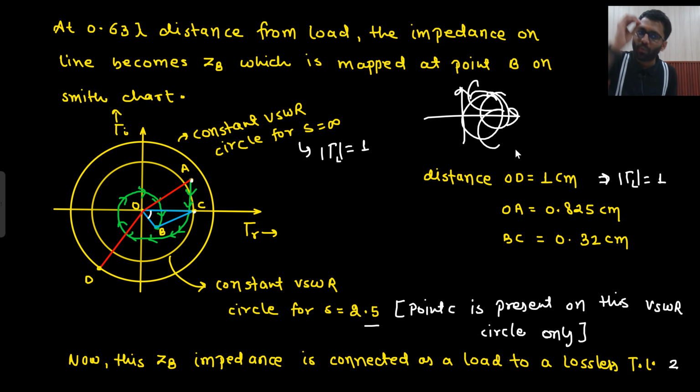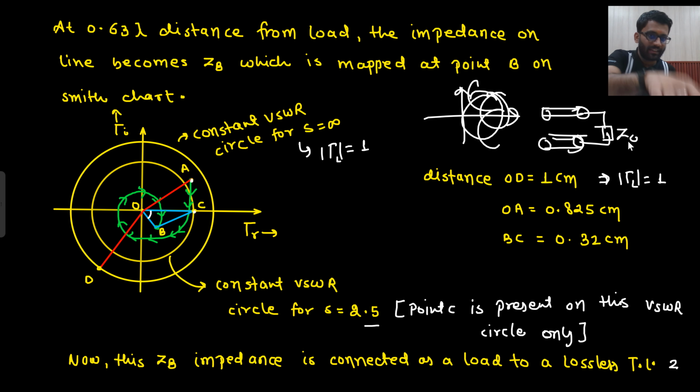So certainly all the points on the Smith chart represent some impedance. So at point C there is some impedance. With respect to that impedance, what is your mode of gamma L? If I take any transmission line and I connect ZC impedance, then this will represent my mode of gamma L. Are you getting this point or not?